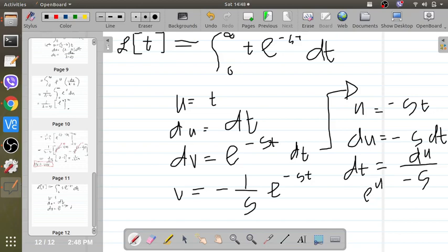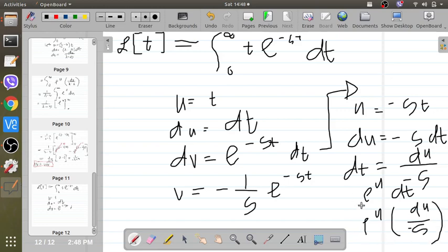e^u dt, which is, ang dt nimo, negative st is du over negative s, which is e^u, then dt is du over negative s.